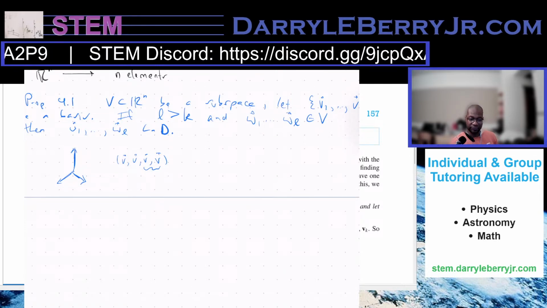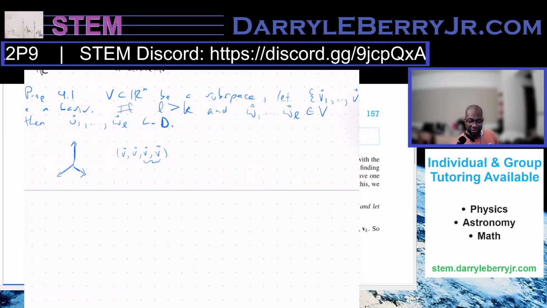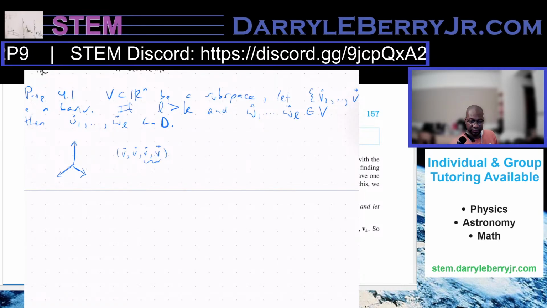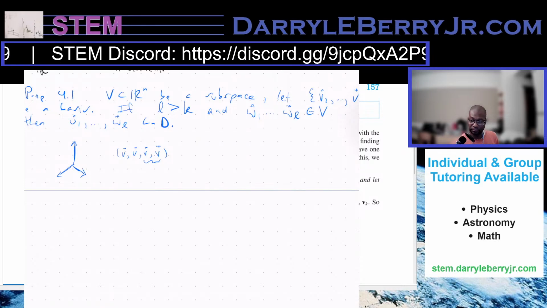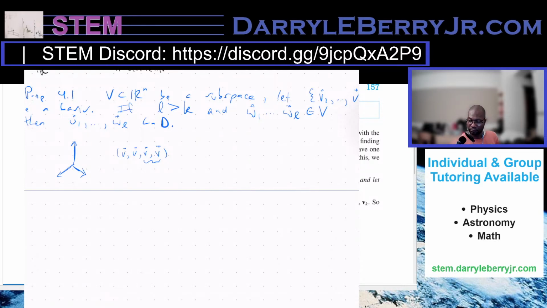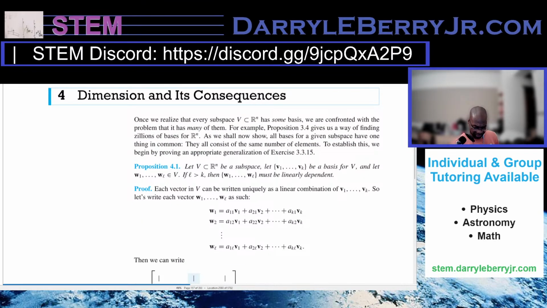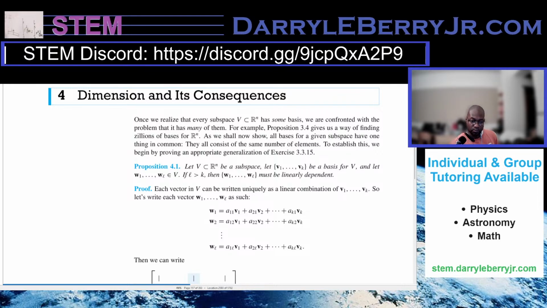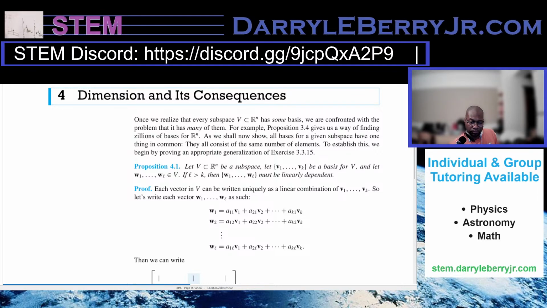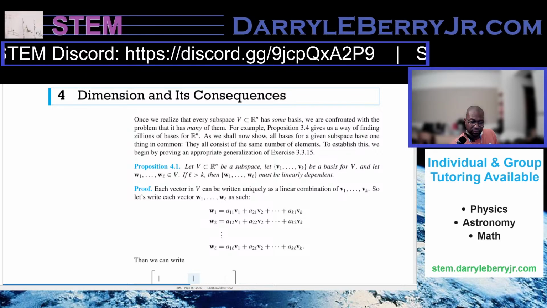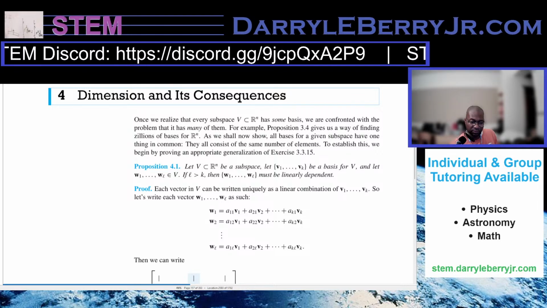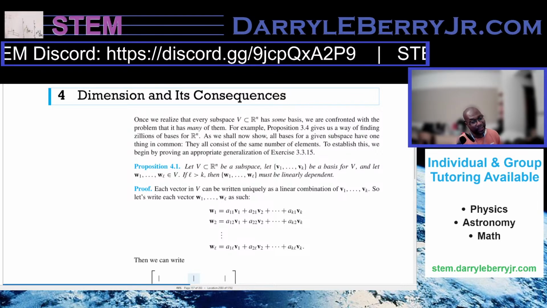So they gave a proof: each vector v can be written uniquely as a linear combination of these. So let's write each vector in W as such. So they're simply showing that W1 to WL, the KL matrix.